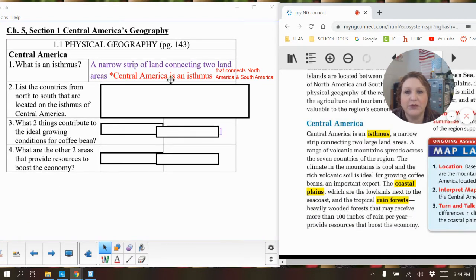Okay, so you should be able to type this in with no problem, but I needed to get it to fit in there, right? So Central America is an isthmus that connects North America and South America.